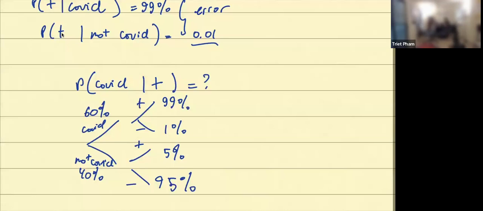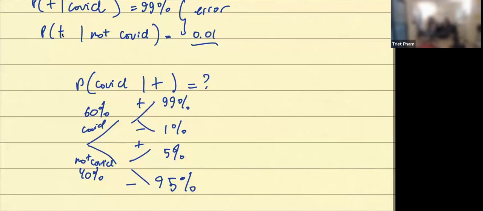So you traverse the tree that way, naturally, in terms of designing the test. But from the user's point of view, they traverse the tree backward. They test positive, and they want to know the chance that they come from the COVID branch rather than the non-COVID branch.